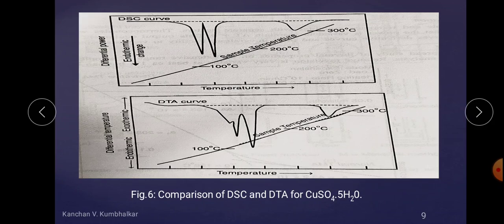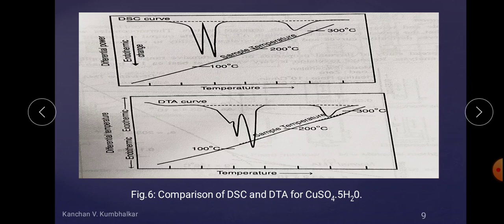And finally, the sixth one. This sixth graph indicates the comparative study of DSC and DTA for a particular material, that is copper sulfate pentahydrate, with five water molecules. In this case, the DTA and DSC curves have been compared.